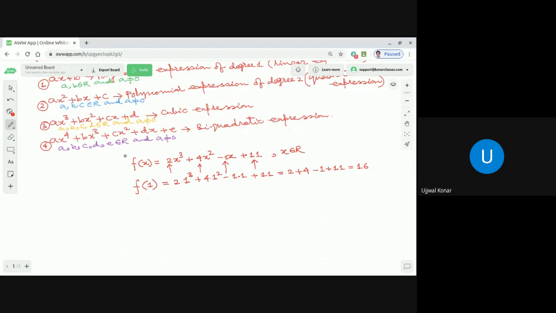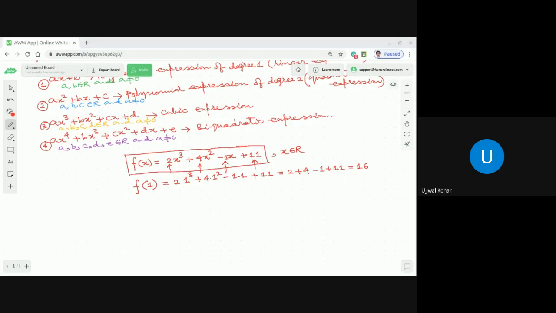So again I repeat, this is called a polynomial expression. The moment we say f(x) equal to 0, that becomes a polynomial equation. Correct or not? So what is a polynomial equation?